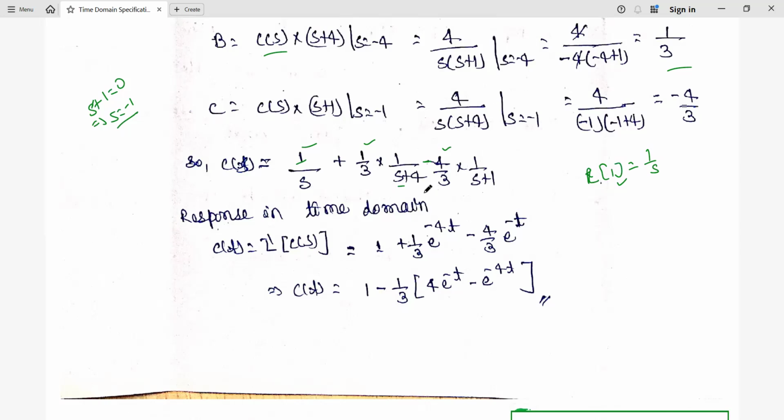Similarly, Laplace inverse of 1 by s plus 4 is e to the power minus 4t, and Laplace inverse of 1 by s plus 1 is e to the power minus t, since Laplace of e to the power minus at is 1 by s plus a. This concept is followed to obtain the Laplace inverse. Finally, we can rearrange this expression and we get the time domain response of the given open loop transfer function for the unity feedback.